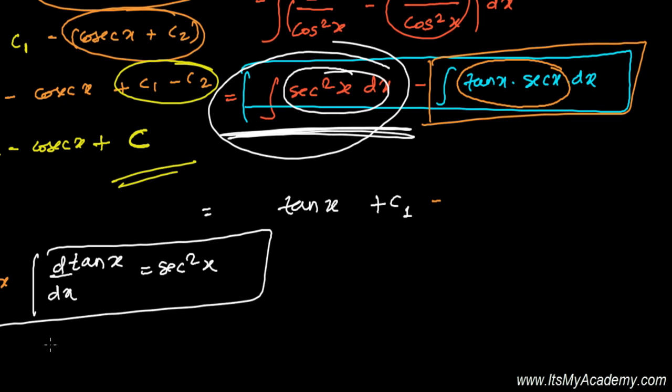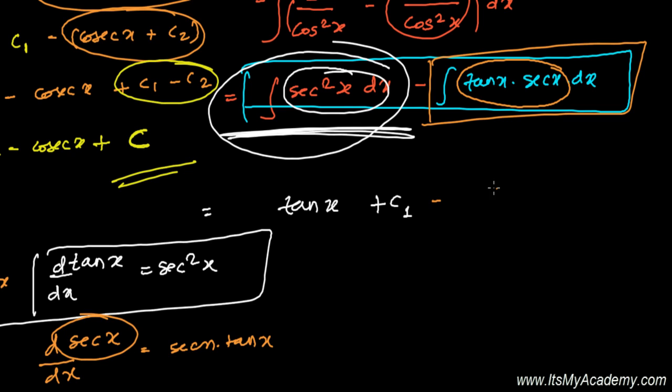I'm very well versed in derivatives, and you are too, because we already discussed that at a deeper level. We know that the derivative of sec x is sec x times tan x. So tan x times sec x is the derivative of sec x.